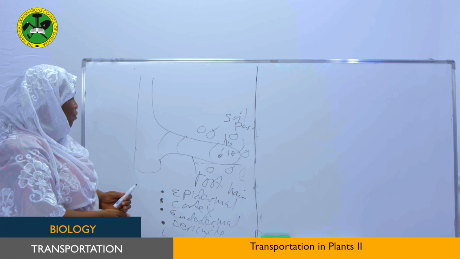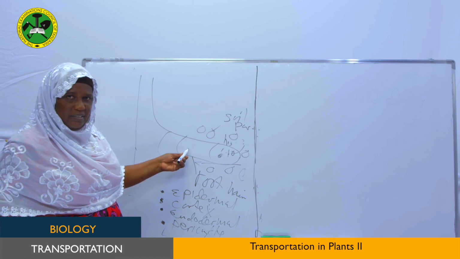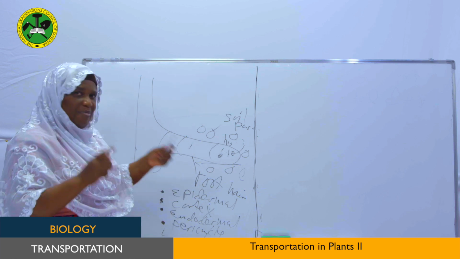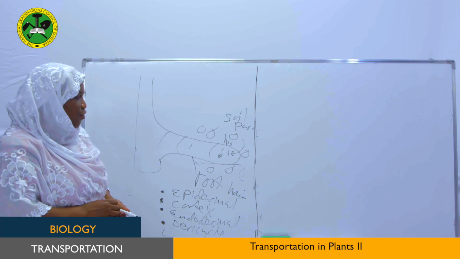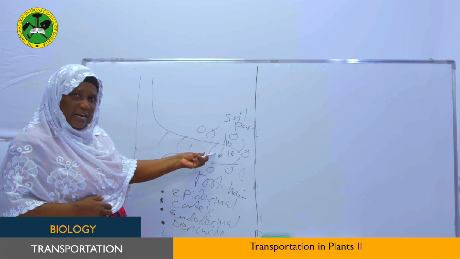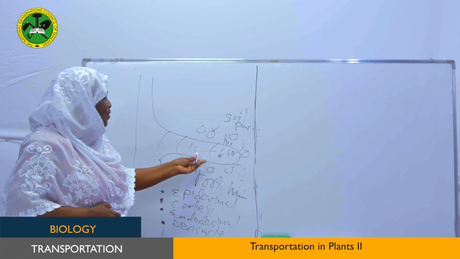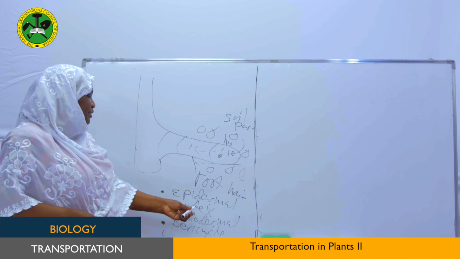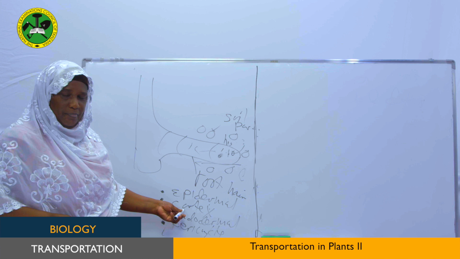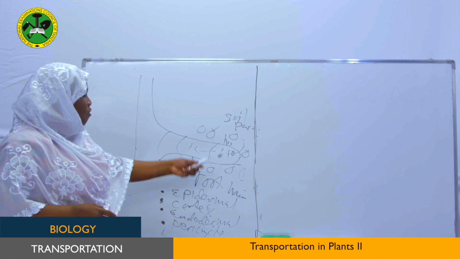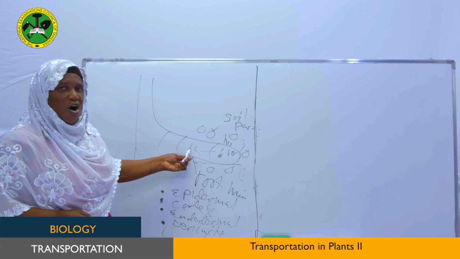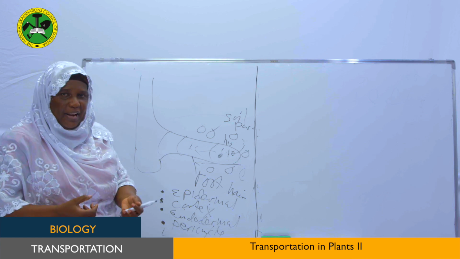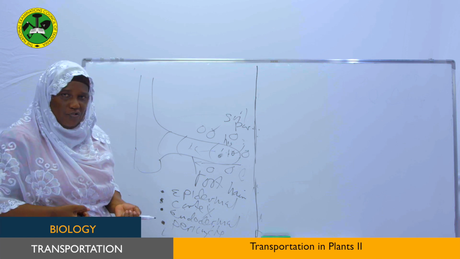compared to the water potential in the cortex cells. This will make water move from the area of high water potential, that means from the epidermal cells, to the area of low water potential, that means the cortex. The entry of water in the cortex also makes its protoplasm diluted and acquire high water potential.